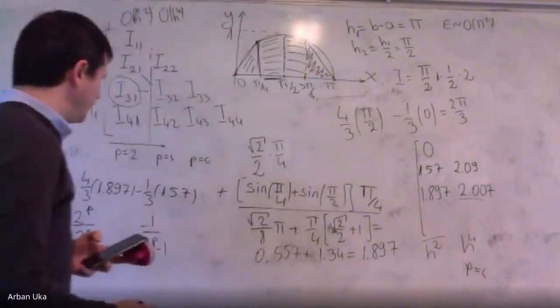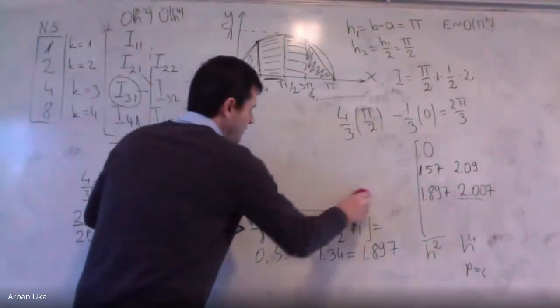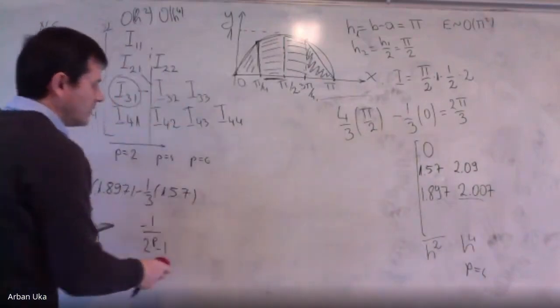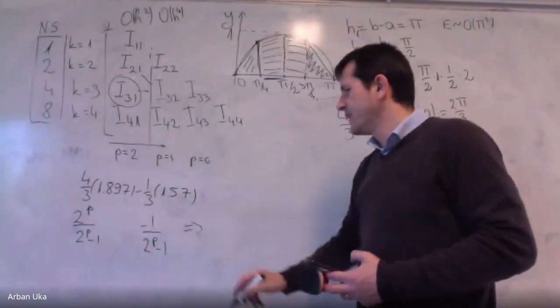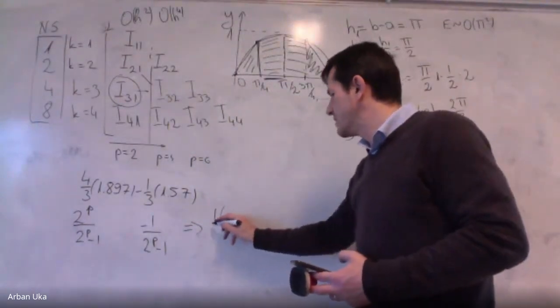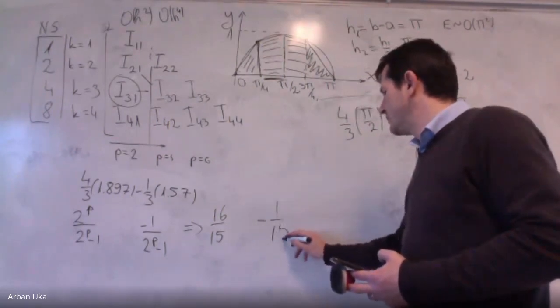What is 2 to the power 4? It's 16. So these coefficients are going to be 16 over 15, minus 1 over 15.